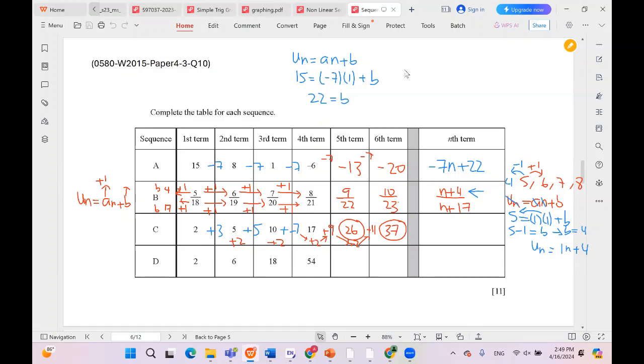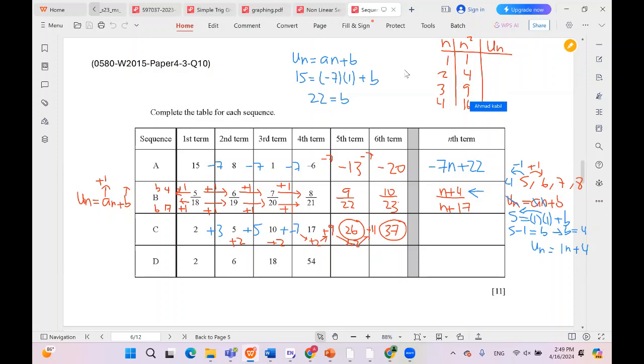Now to get the nth term, since the common difference is at the second layer, we know that this is a quadratic sequence. So I'm going to do the table for the quadratic sequence. We have n squared and un. For n, 1, 2, 3, 4, n squared is 1, 4, 9, and 16.